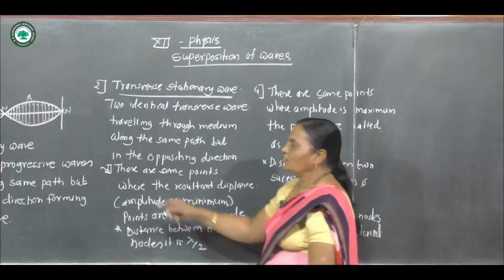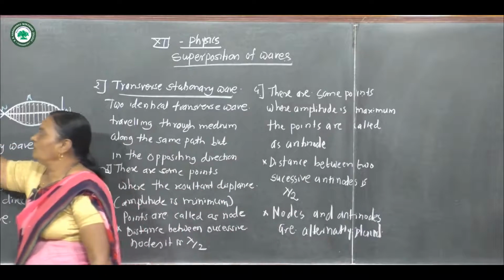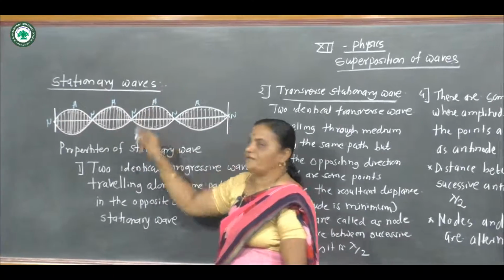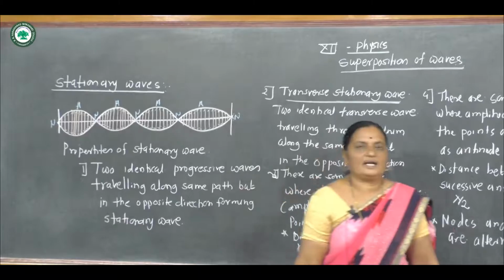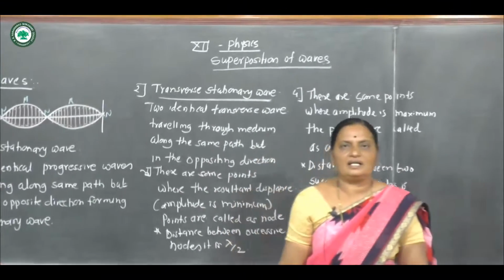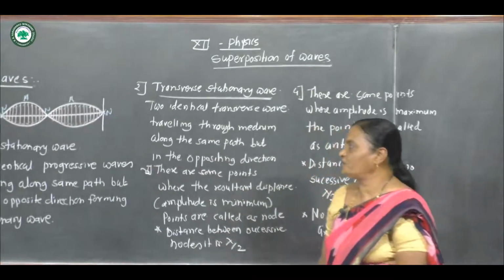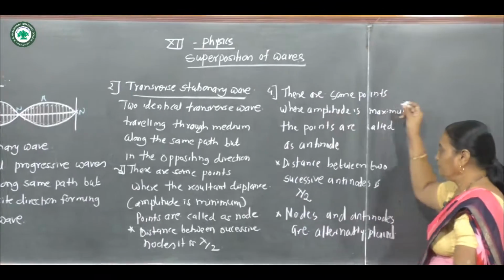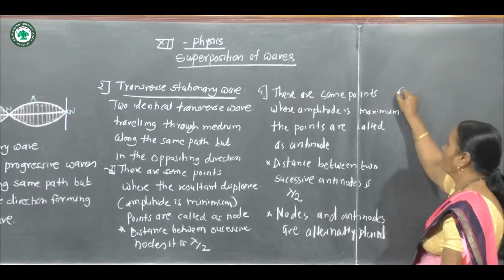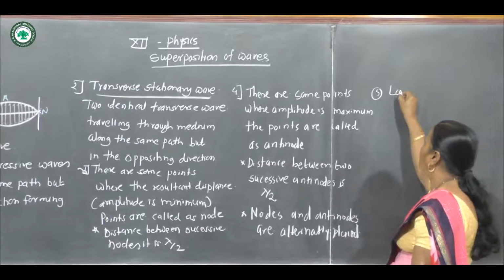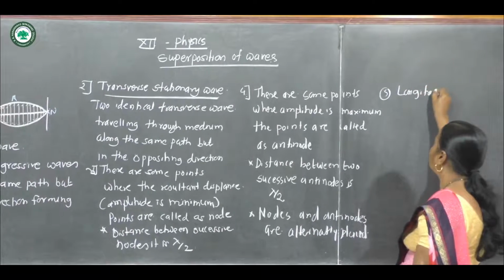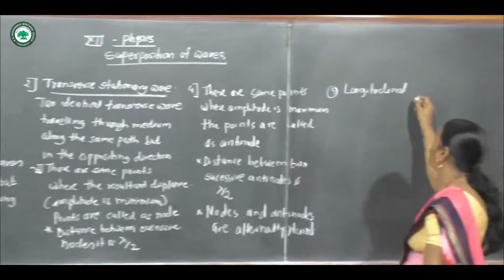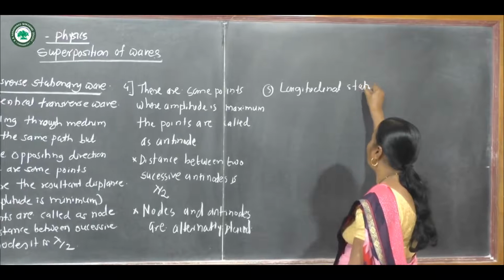See here, there is node, then antinode, node, antinode, node, antinode. That is, nodes and antinodes are alternately placed. Now, in case of longitudinal stationary wave.